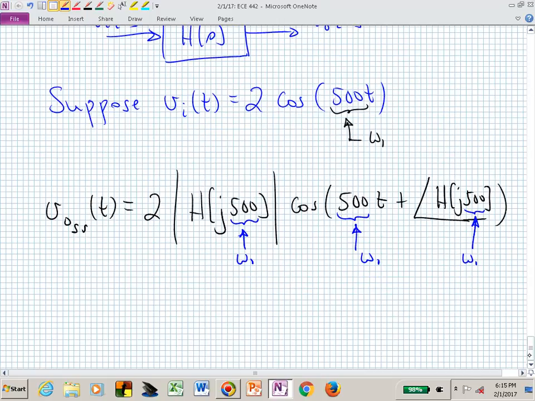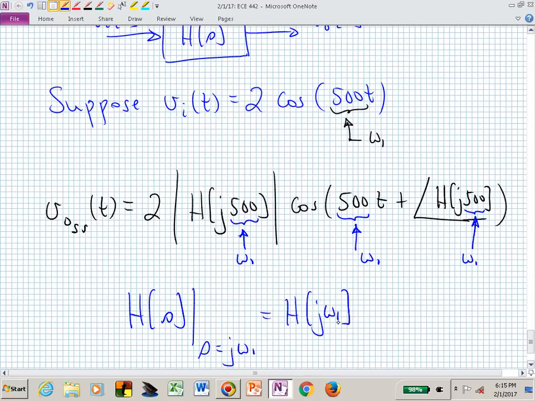And we're really just saying that we need to find h of s when s is equal to j omega 1, or we're finding the complex number of h of j omega 1 and finding its magnitude, and that's scaling the amplitude of our output, and we're finding its angle, and that adjusts or shifts in time where our output is relative to the input sinusoid.